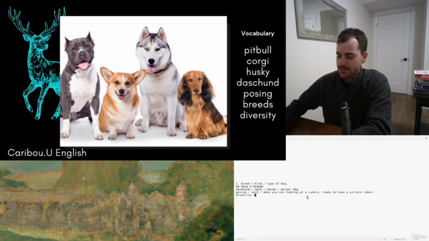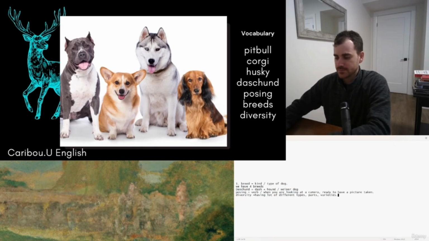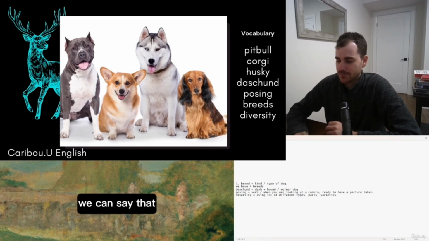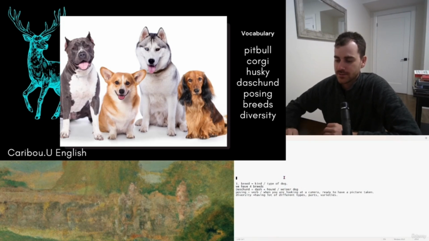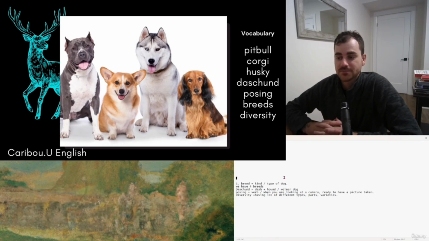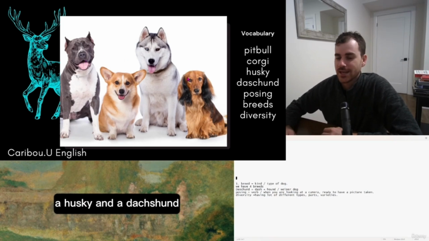Diversity means having lots of different types or parts or varieties. So in this context, we can say that in the picture, we can see a diversity of dog breeds. In fact, we can see a Pit Bull, a Corgi, a Husky, and a Dachshund.